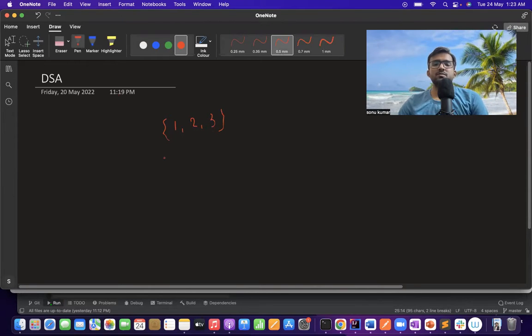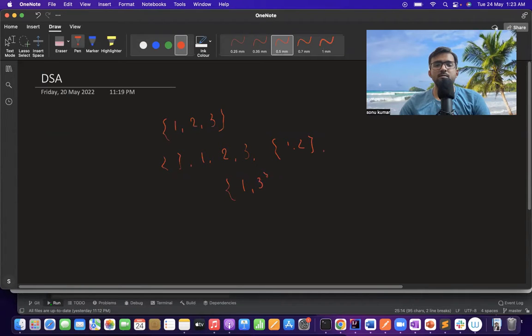The subsequences we will generate: one is empty, one is 1, one is 2, one is 3, then the combinations 1 2, 1 3, and 2 3, and next is 1 2 3. So these are the subsequences.